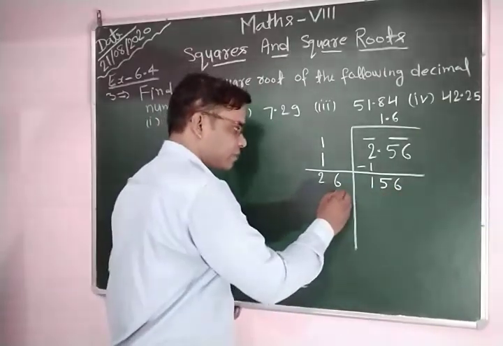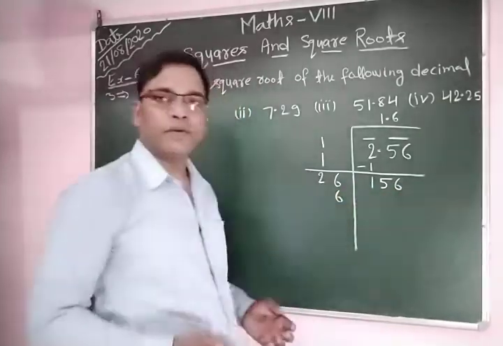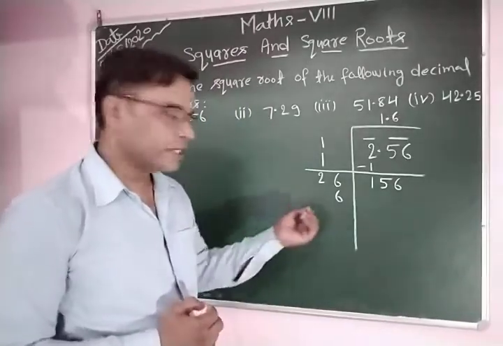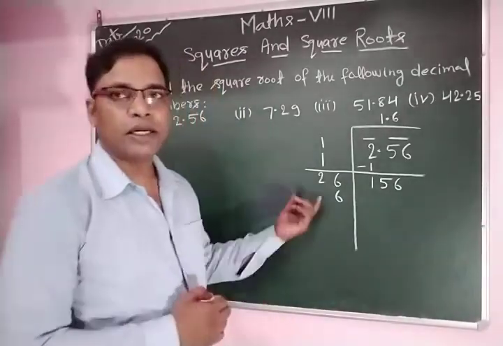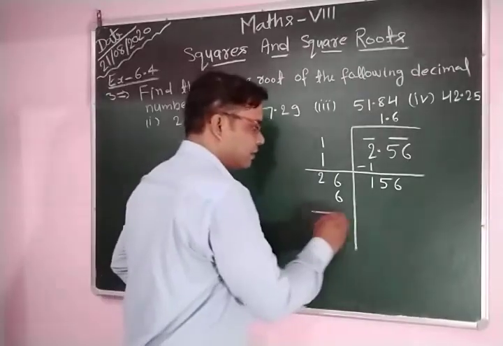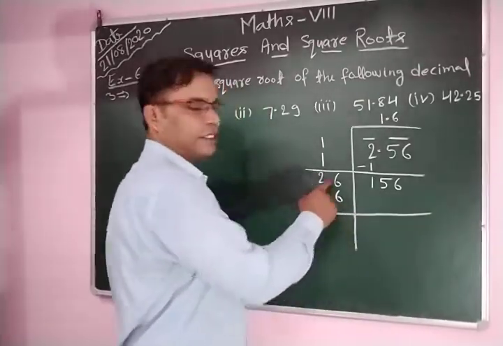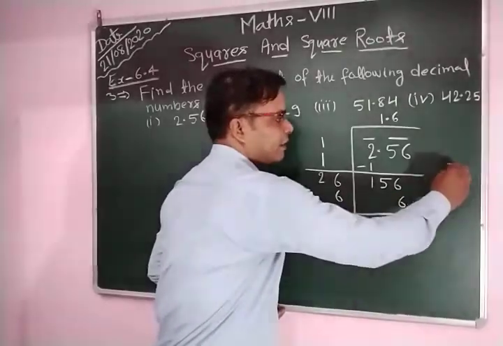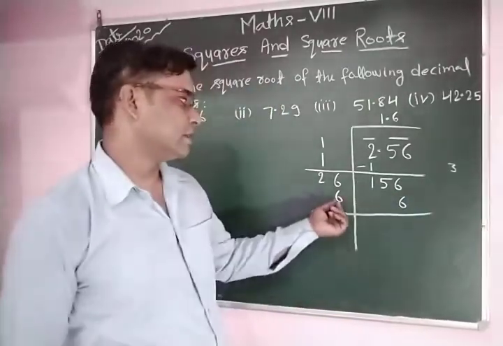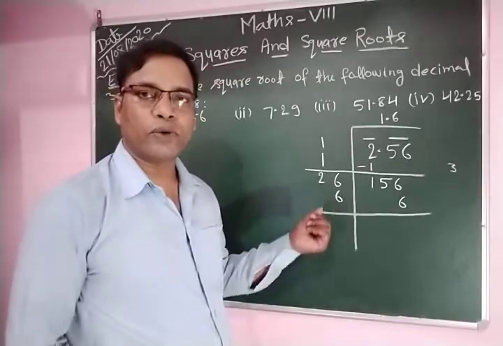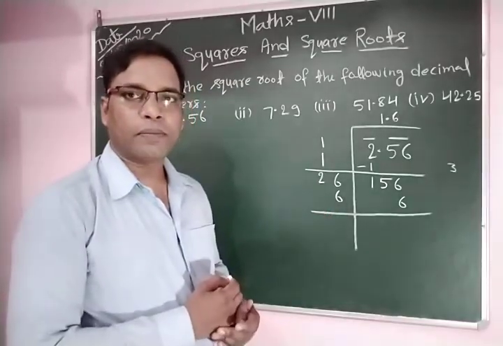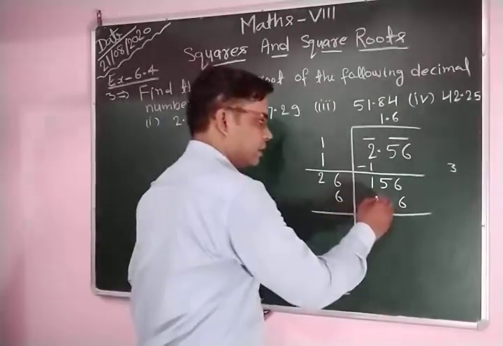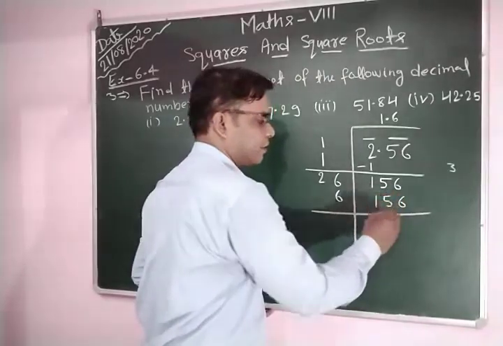Now we write 156 below and multiply 6 by 26. Then we obtain 6 sixes are 36, carry 3, and 6 twos are 12, 12 plus 3 is 15. So 156.